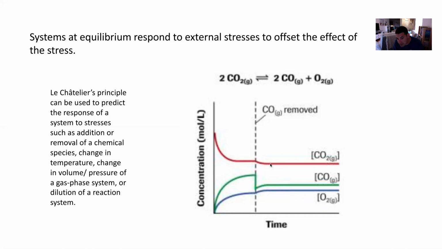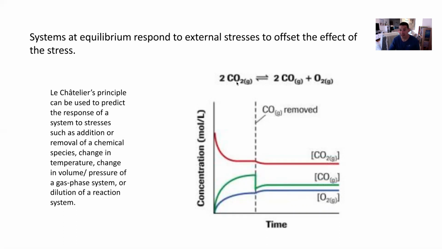It looks like it's decreasing just slightly. The CO, the carbon monoxide, has that sharp decrease because it's being removed, but now we see it start to increase, and the O2 goes up just a little bit. If you remove a product, the reaction will shift right to make more products. That's what we're seeing in this graph.